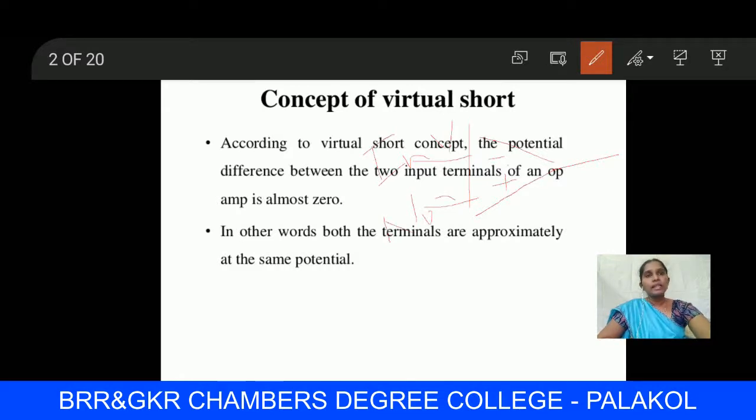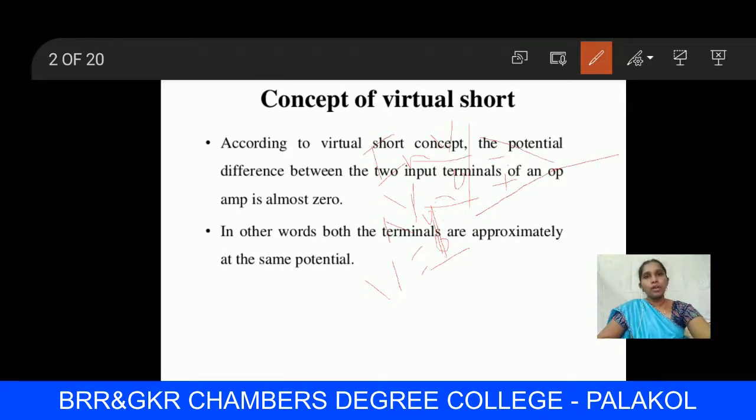So the virtual short means whenever this terminal is shorted, automatically this terminal is also shorted. That means if I consider this voltage equal to 0, then the minus terminal is also equal to 0. That is called the virtual concept or virtual short.